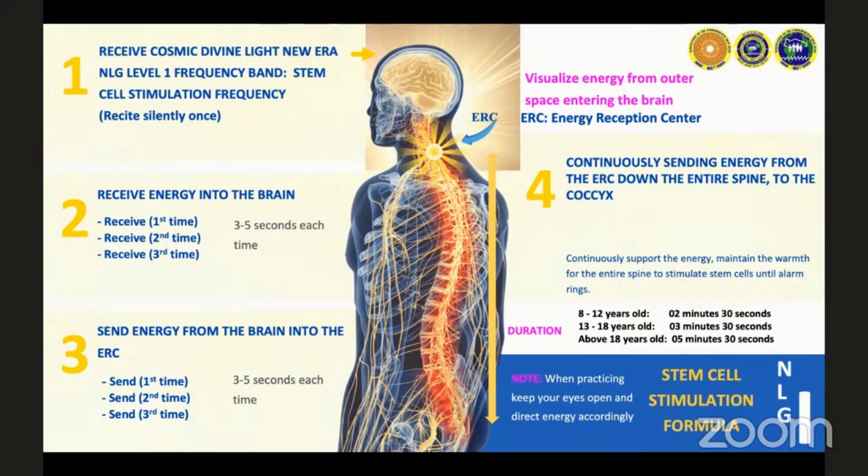Step 3. Send energy from the brain into the ERC. Send first time. Send second time. Send third time. Step 4. Continuously sending energy from the ERC down the entire spine to the coccyx. Continuously support the energy, maintain the warmth for the entire spine to stimulate stem cells until alarm rings.